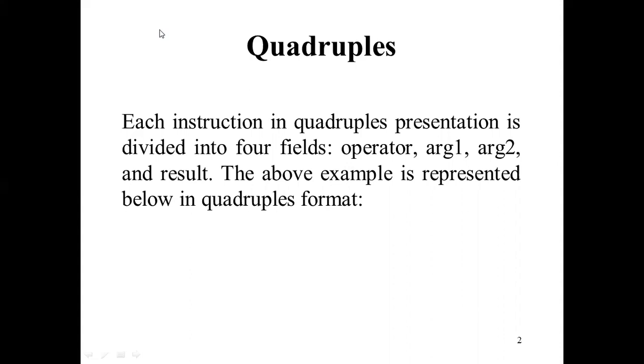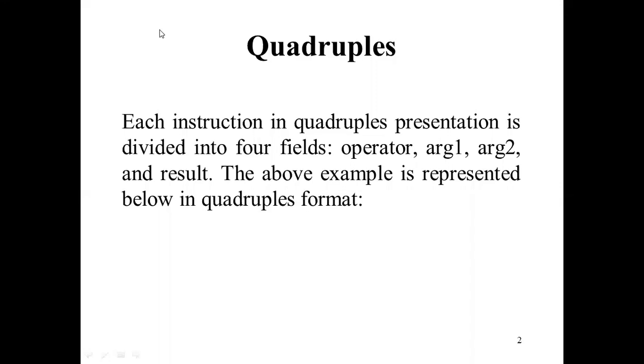Whenever we are going to handle several expressions and we want to represent those expressions with the help of three address code, then we use quadruples. So in quadruples we use the operator, argument 1, argument 2 and result.